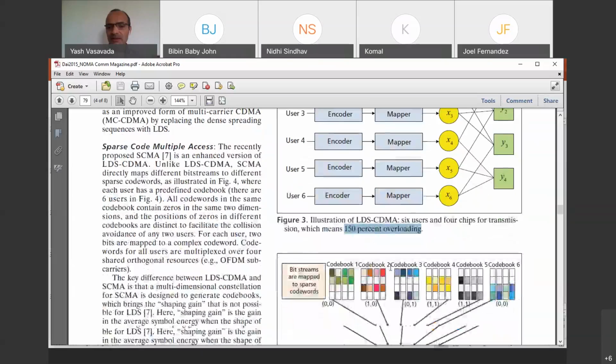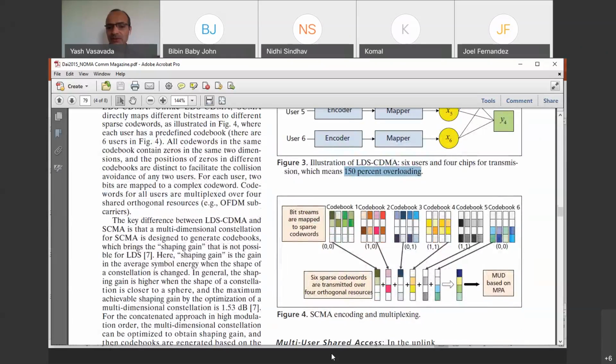A similar idea is there, which is called SCMA, sparse code multiple access. And there also, if I look at different transmissions, they have some predefined code books. So if a user has to transmit 00, then the user will randomly pick one of these 4 code words.